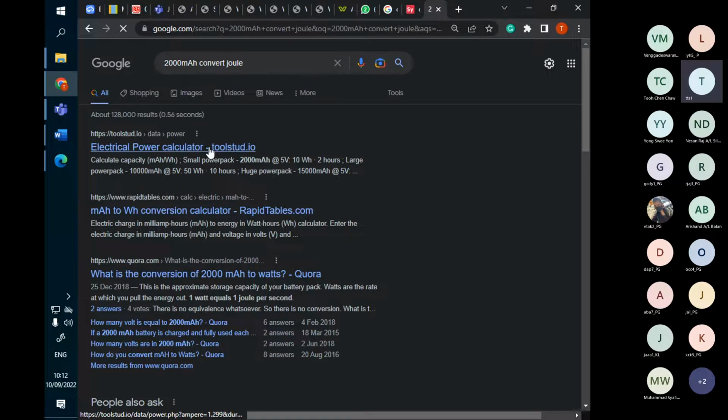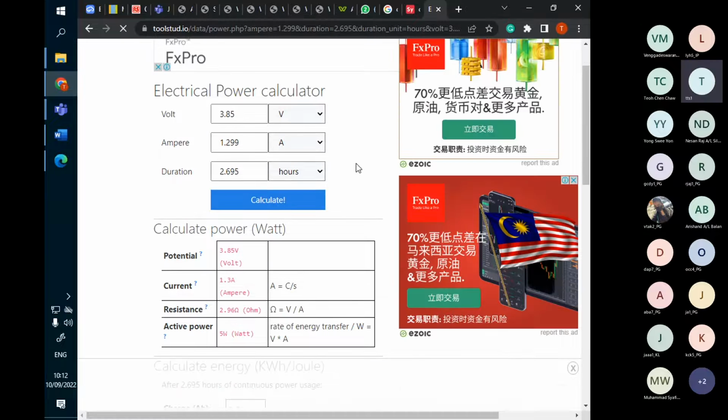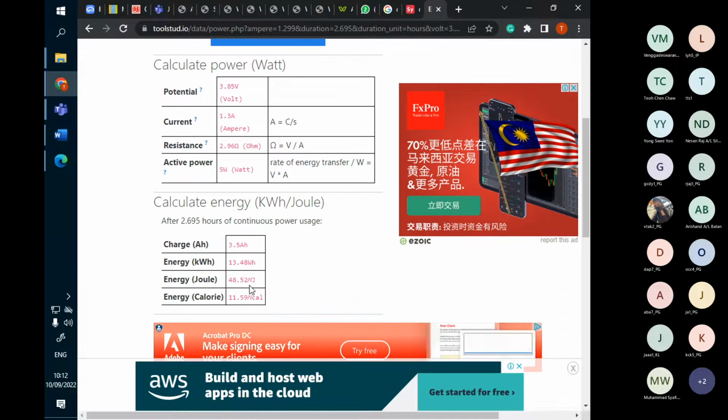There are certain online calculators to help you convert from the ampere hour to the joule, and also to watt hour, to how many joules of energy. So charge is measured in ampere, energy measured in the watt hour, energy also can be measured in the joule.